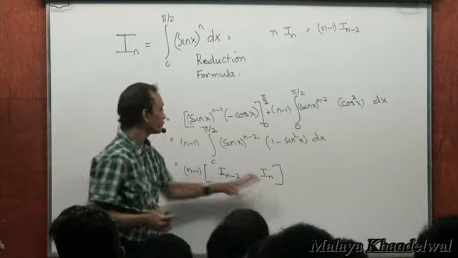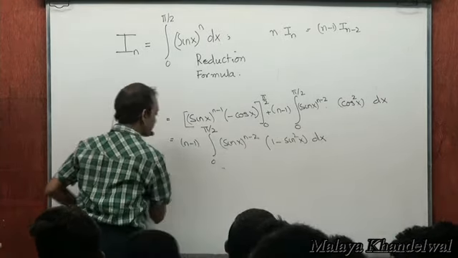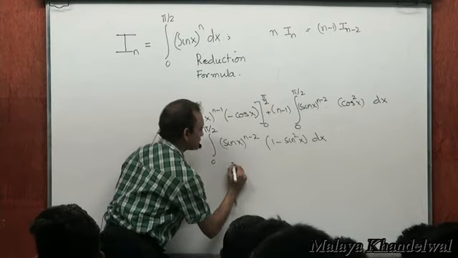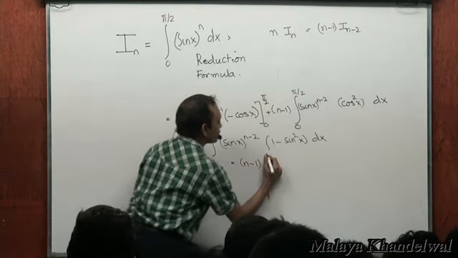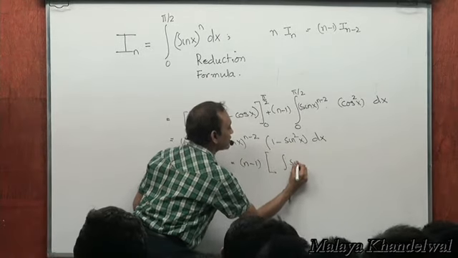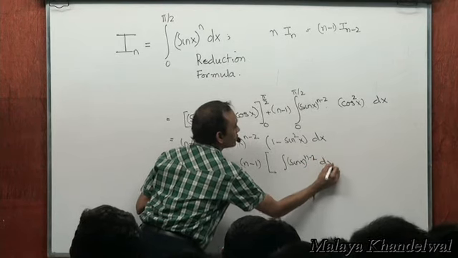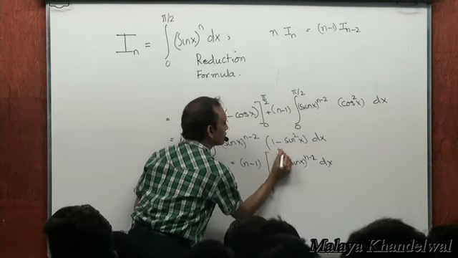This one? Okay. See, what I did here was, I could write this as n minus 1, this into 1, integral sine x to the power n minus 2 dx, 0 to pi by 2, right?